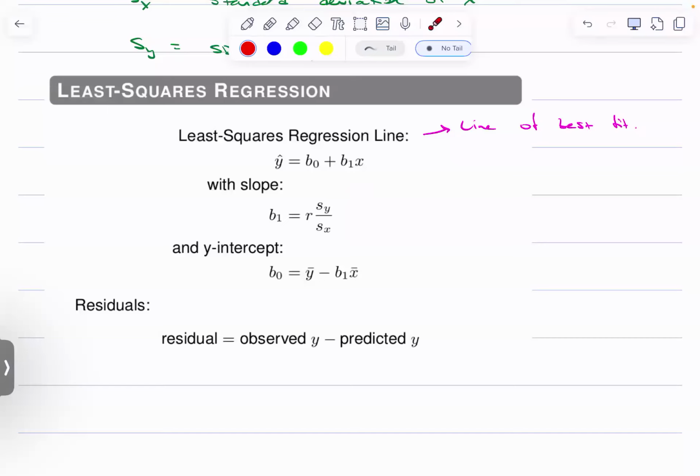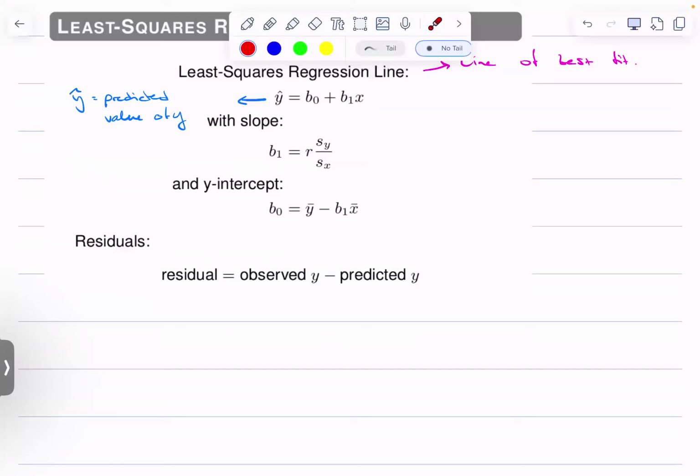Okay? Let's remember what the y hat is. Y hat is the predicted value of y. Because our goal, right, is to be able to predict other values of y for unseen values of x, or just general values of x.